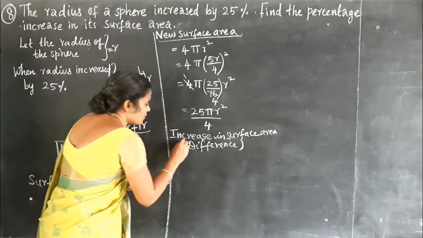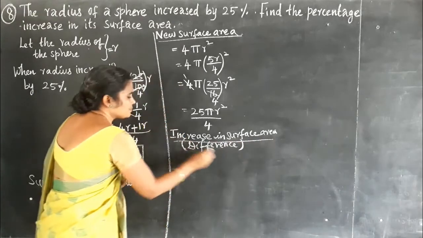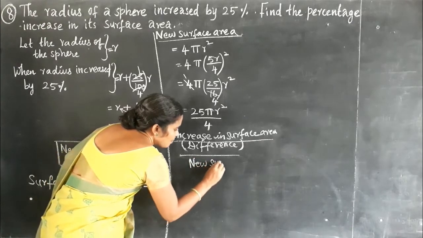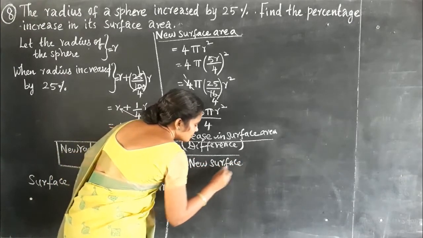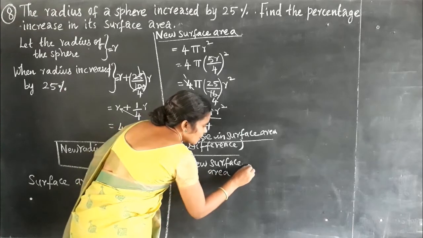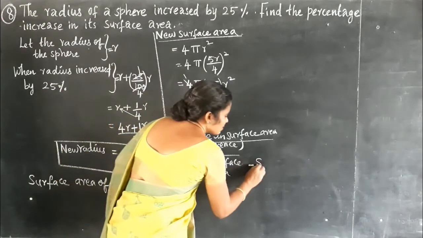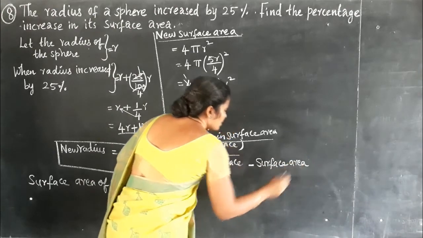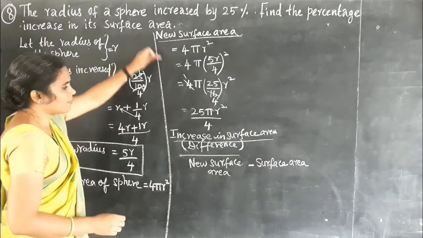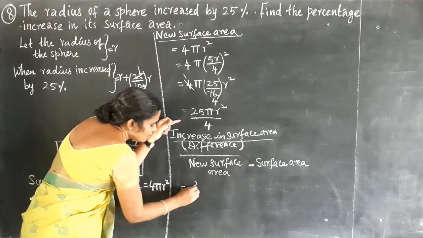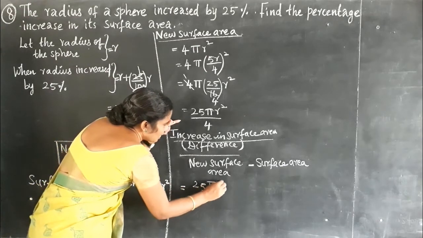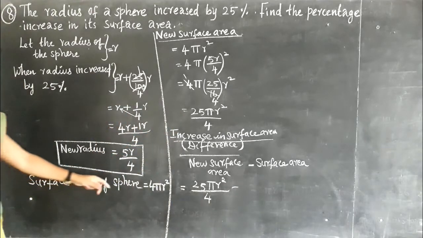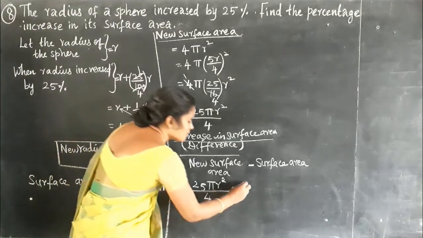So the difference in surface area is equal to new surface area minus surface area. Okay, new surface area is equal to 25 pi R square by 4 minus surface area. Surface area of a sphere is 4 pi R square.